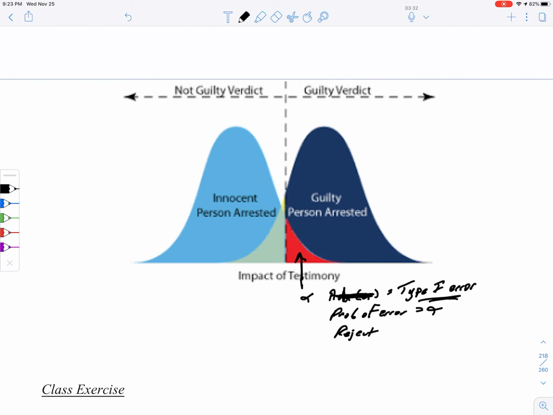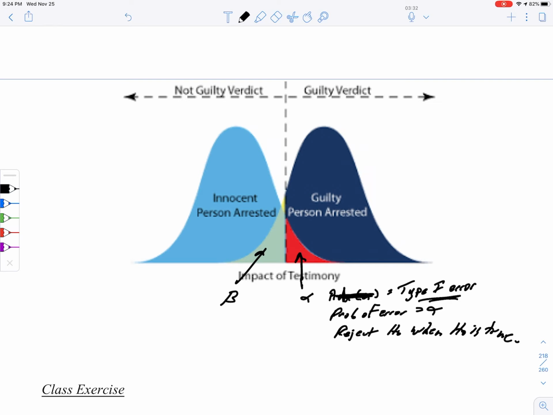So type 1 error happens when you reject H0 when H0 actually is true. In the court case, we conclude that the person is guilty based on the evidence, when in fact the person is not guilty. They're innocent.